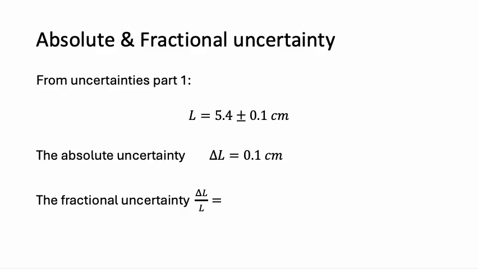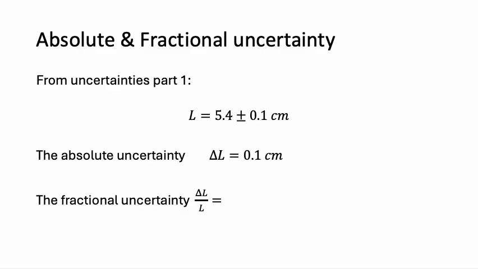When we measured the length of the pencil in Part 1, we decided it was 5.4 plus or minus 0.1 centimeters. So this plus or minus 0.1, that was our uncertainty. Well, the full name for that is absolute uncertainty.